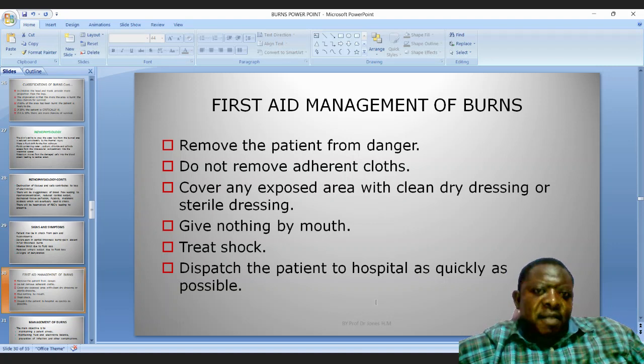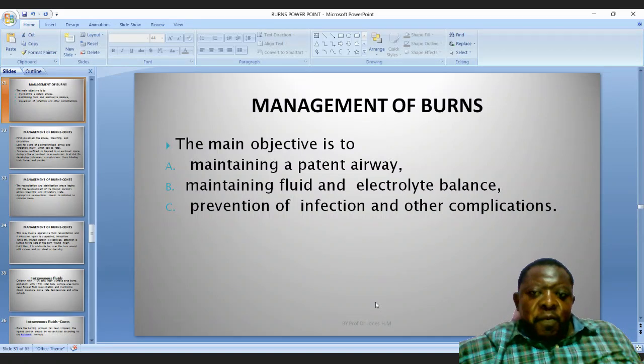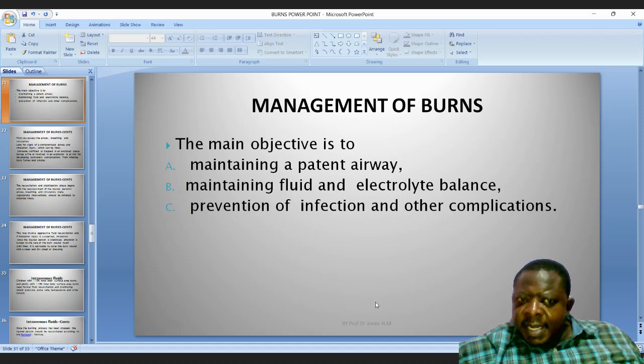So the main objective of managing a patient with burns is to maintain a patent airway, maintain fluid and electrolyte balance, and also prevention of infections and other complications. Maintaining a patent airway is because even when there is no obvious injury, inhalation of smoke may cause inflammation of the respiratory tree. Maintaining fluid and electrolyte balance is because the patient is going to lose a lot of fluids after sustaining burns.